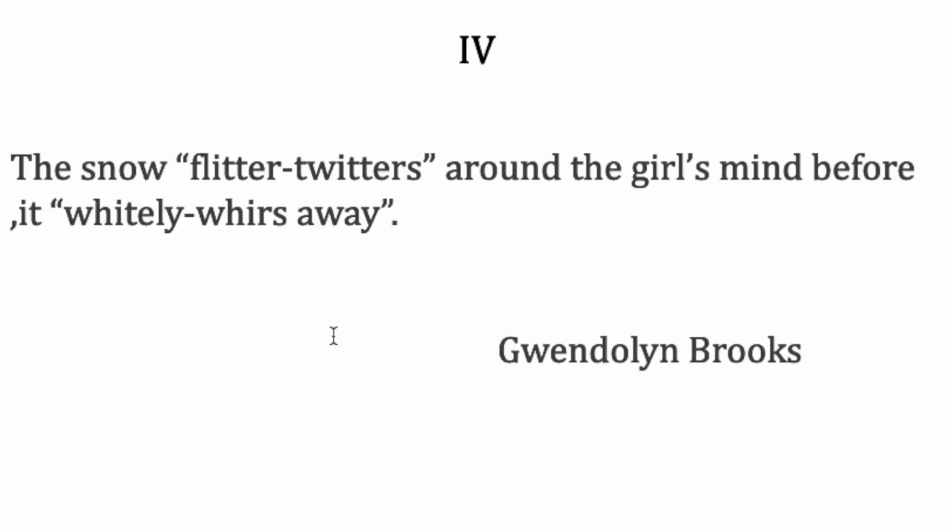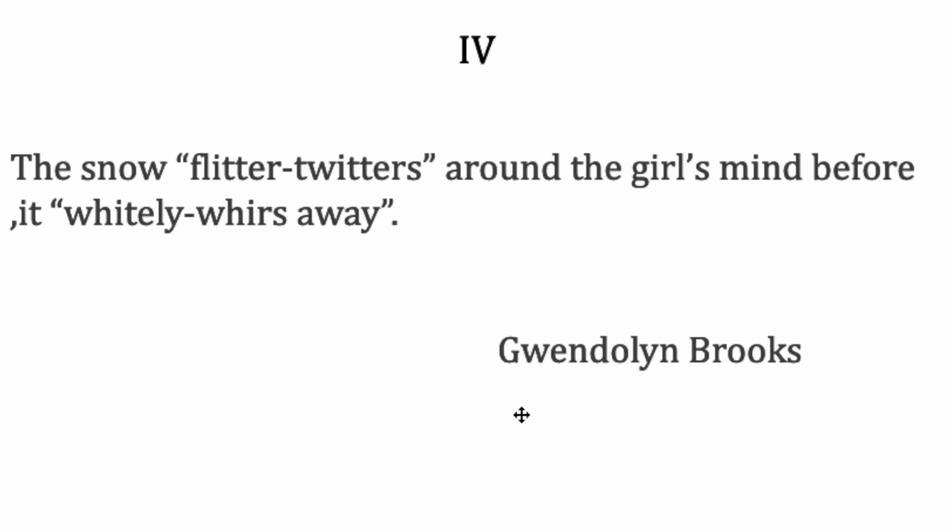How about this? "The snow flitter twitters around the girl's mind before it whitely wears away." Sorry for my pronunciation, maybe I have mispronounced this. It can be "whitely" or "wetly", excuse me for that. I'll stick with "whitely wears away".